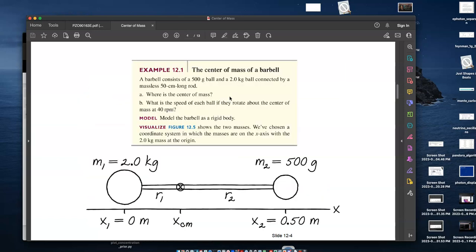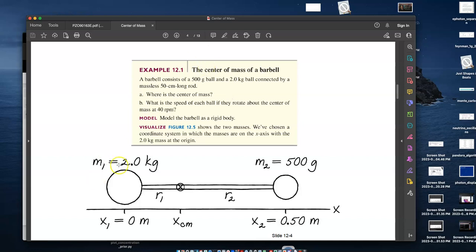So, a common problem and a common assumption, probably depends on how precise you have to be if it's engineering, is two masses connected by a massless barbell in this case. Could be a string. Anyway, it's a little simpler than having to do a collection of points.